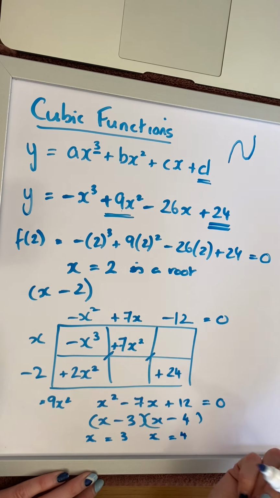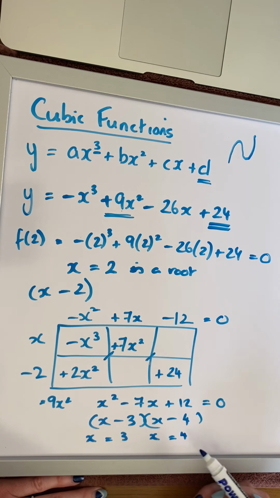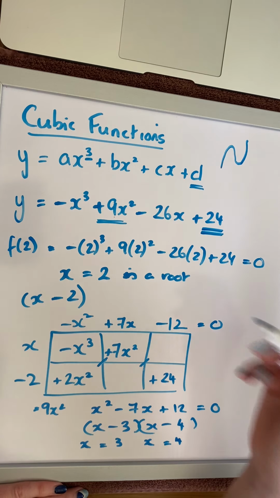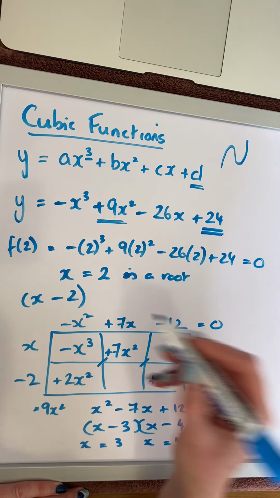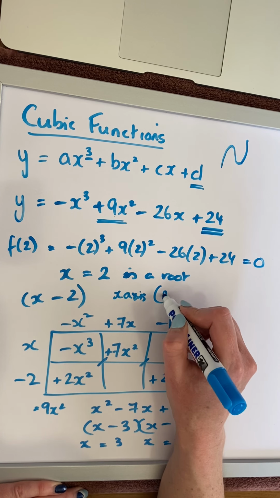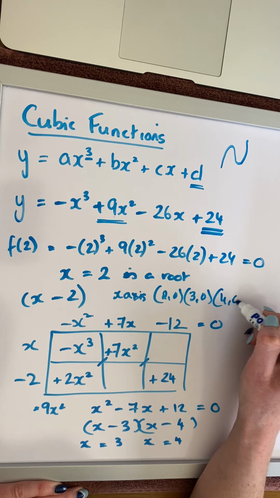So not only is x equals 2 a root of the function, we now know that x equals 3 and x equals 4 are also roots of the function. So if we were to write where this function crosses the x-axis, it would be at the points (2, 0), (3, 0), and (4, 0).